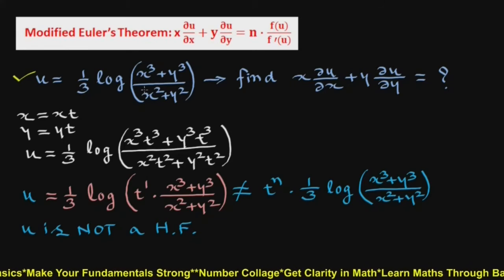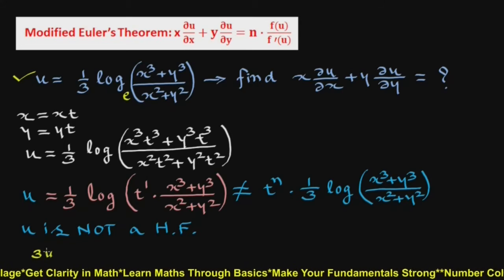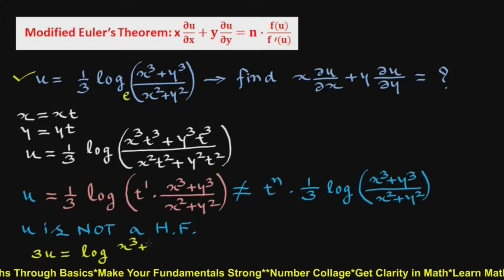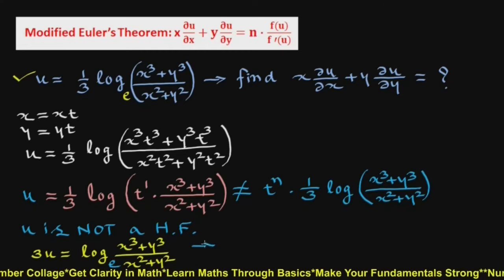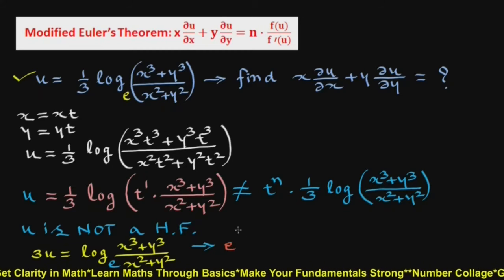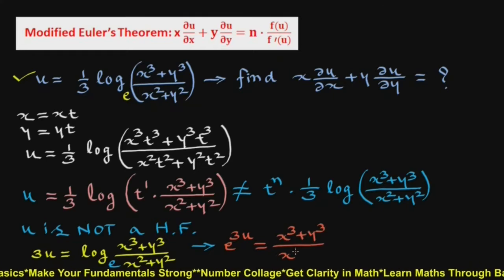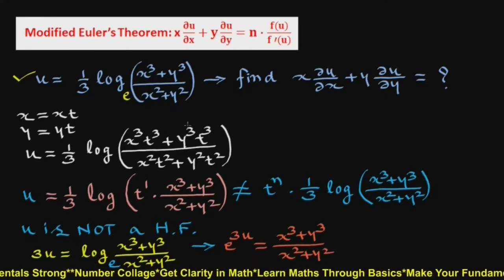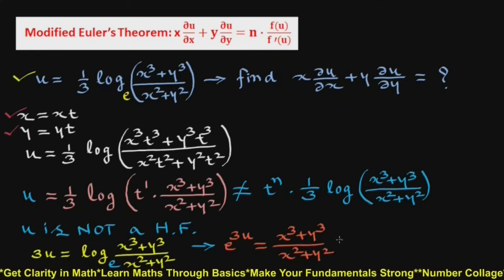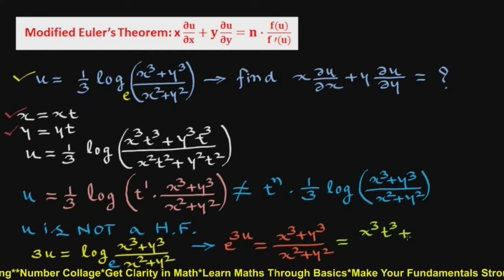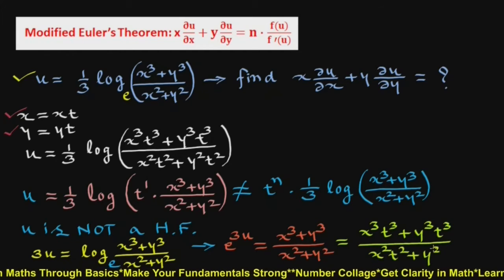But we can write u, which is 1/3 log of (x cube plus y cube) upon (x square plus y square) to the base e, as 3u equals log of (x cube plus y cube) upon (x square plus y square) to the base e, which finally becomes e raised to 3u equals (x cube plus y cube) upon (x square plus y square), which after putting x equals xt and y equals yt gives (x cube t cube plus y cube t cube) upon (x square t square plus y square t square).